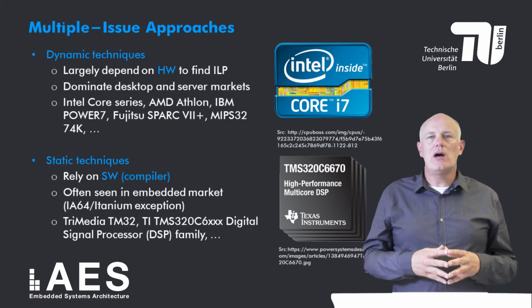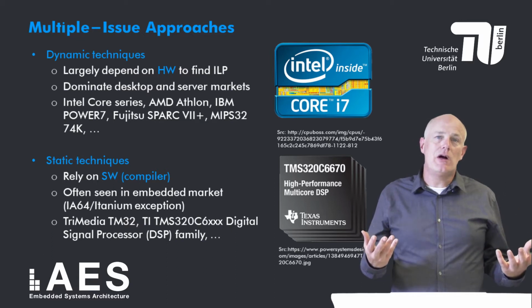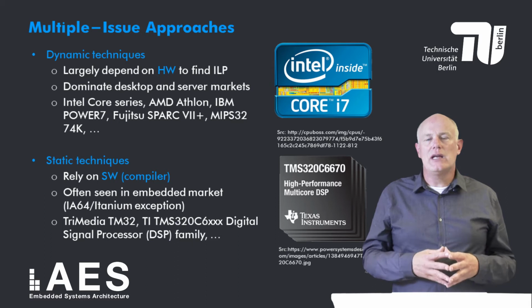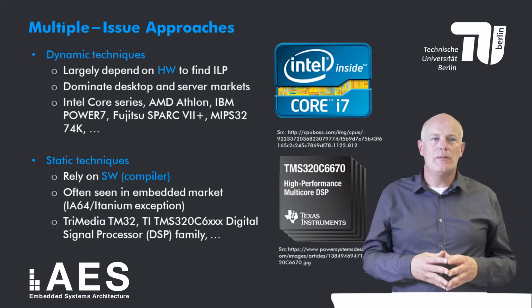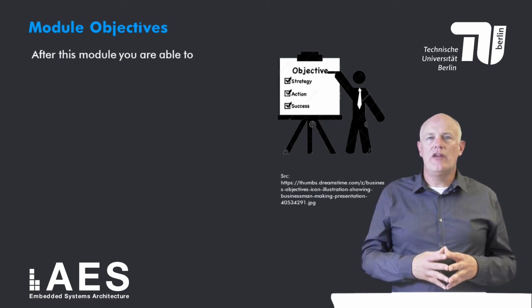But the Itanium processor from Intel was an exception. Examples of static multiple issue processors are the Trimedia processor from NXP, formerly Philips, and several digital signal processors from Texas Instruments.